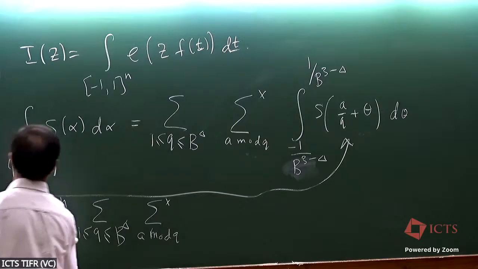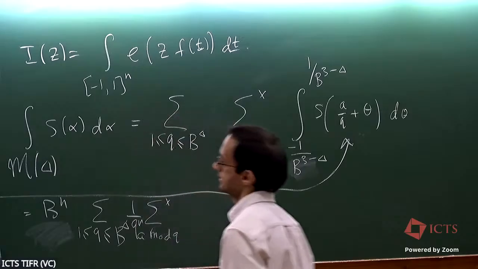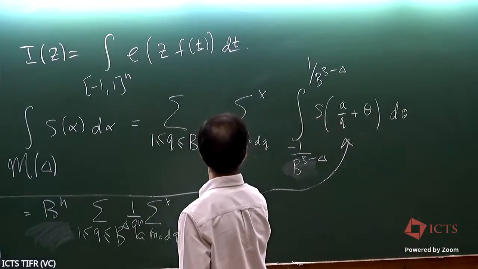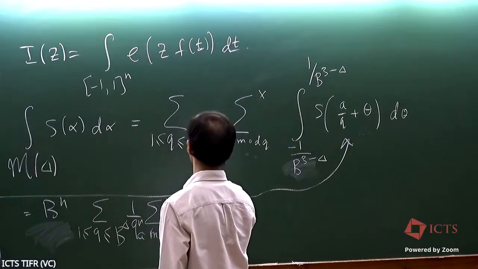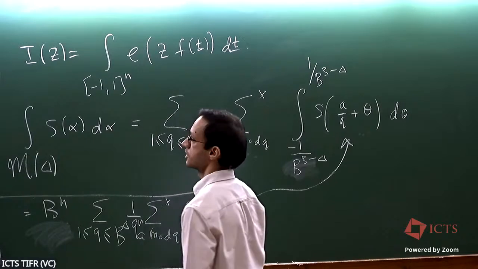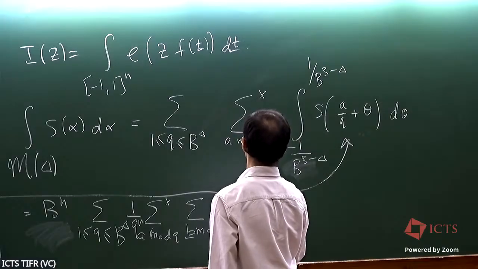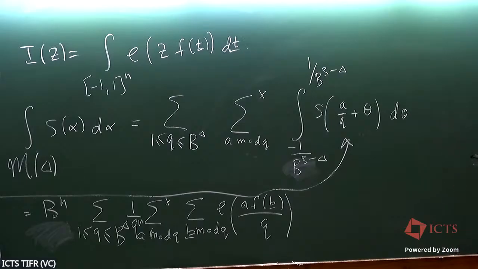Thank you. Yeah, that should be inside the Q sum. Then we have the A modulo Q sum. And then we have, what else? We have the B mod Q sum. Right, so the B mod Q sum is E A F B over Q. So these are the things that would only depend upon your A's and B's and Q's.